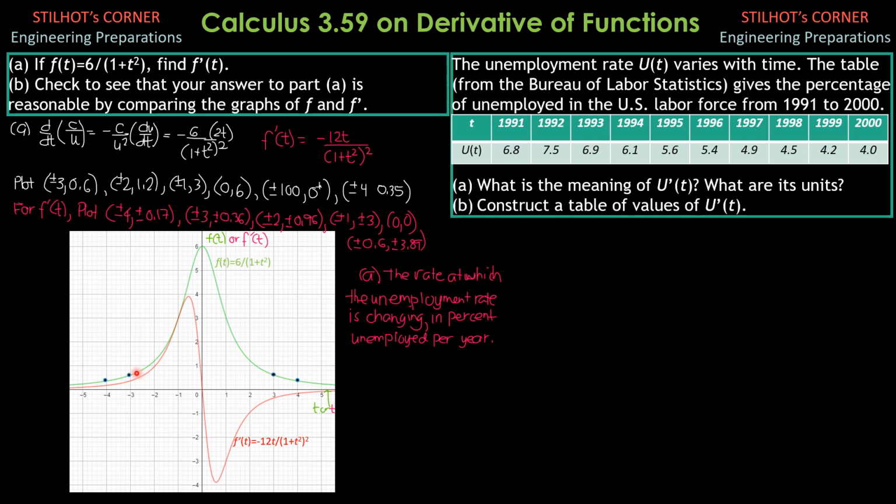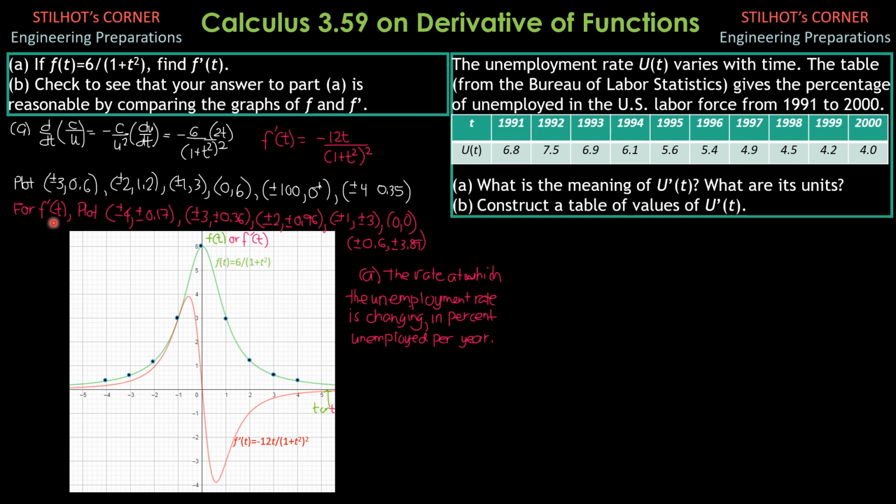Then plus minus 2, 1.2, 1.2. Then plus minus 1, 3 here. Then when t is 0, it's 6, the origin, one point only. Then when t is plus minus infinity, it's almost 0. So the green curve is above the x-axis. So that's the reason why.